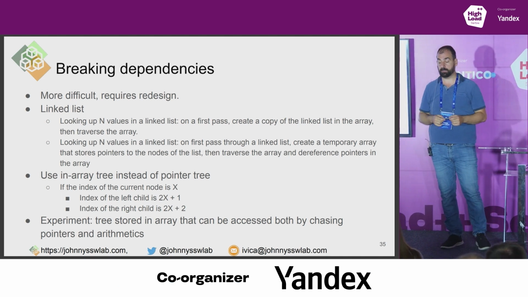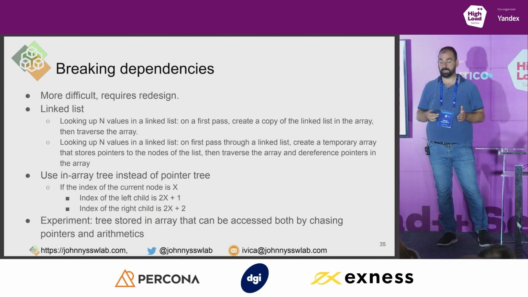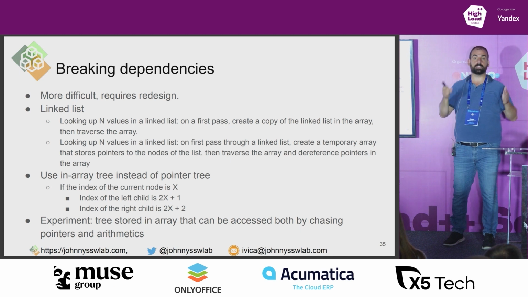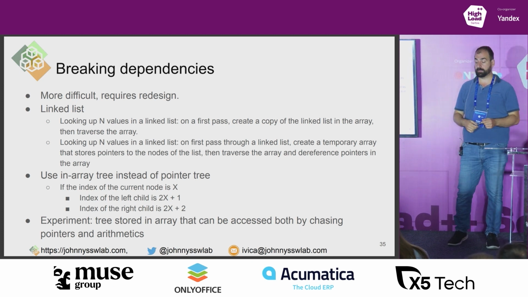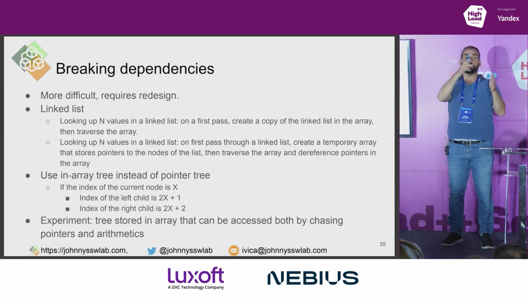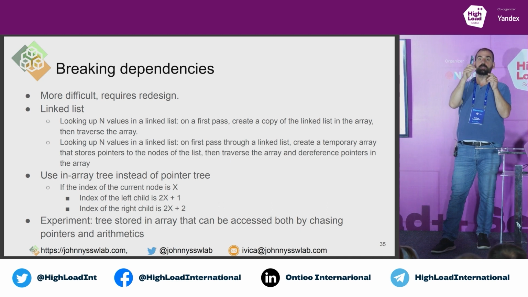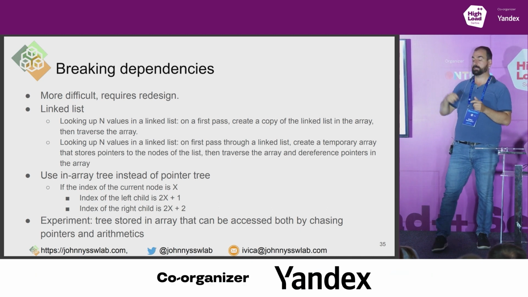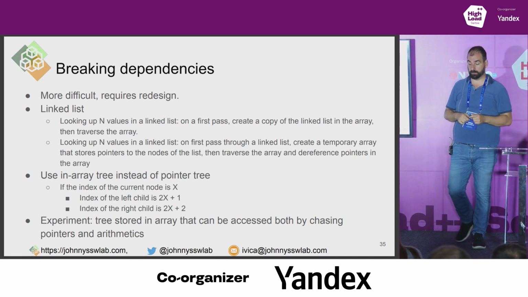Also, instead of using binary trees with pointers, you can convert them to binary trees in arrays. If you store a tree in an array and the index of the current node is x, the index of the left child is 2x plus 1, and the index of the right child is 2x plus 2.